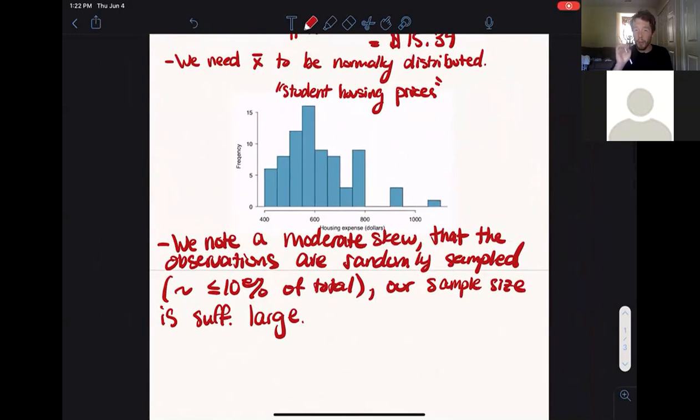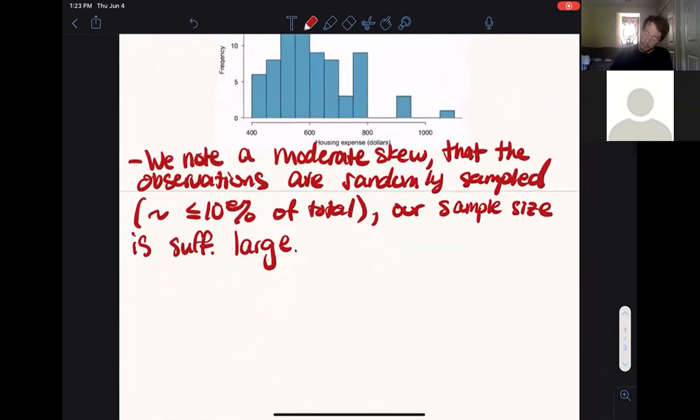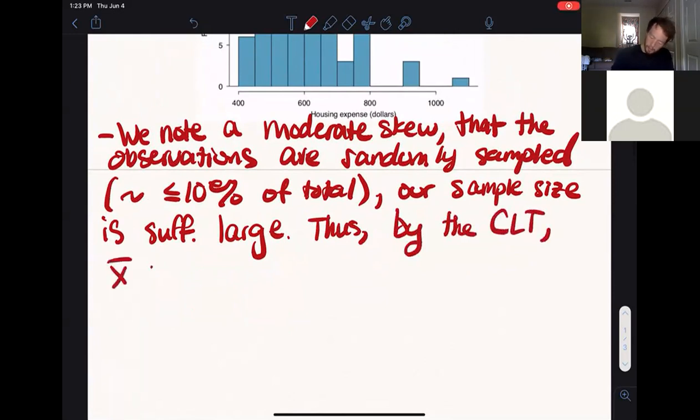If there was a really, really strong skew, I might revisit that assumption. But in this case, X bar is approximately normally distributed.